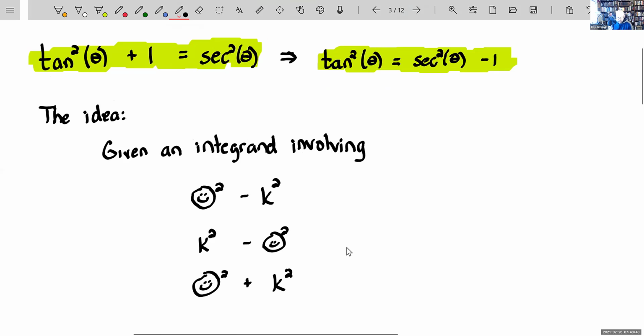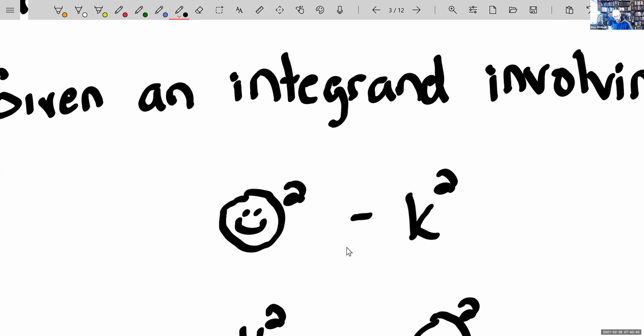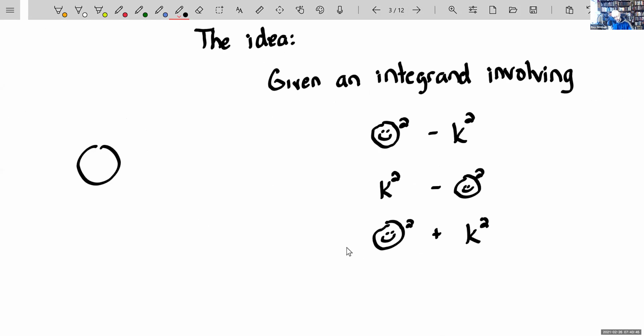For example, off to the left here, happy face is a variable. K is a constant. Just so that's clear for you guys.